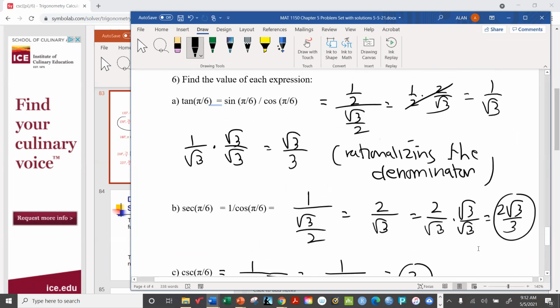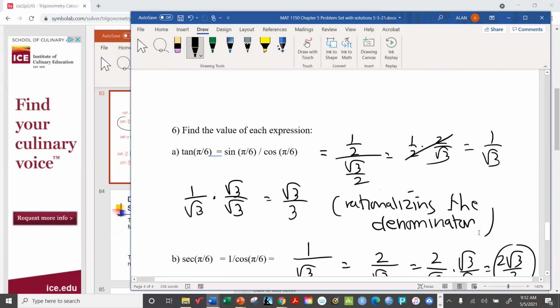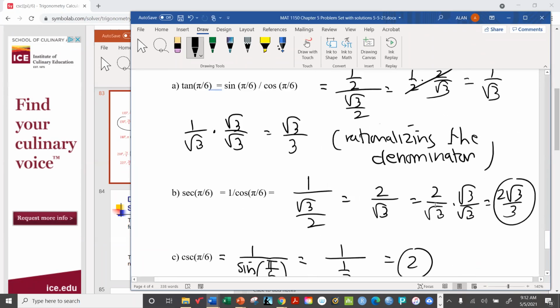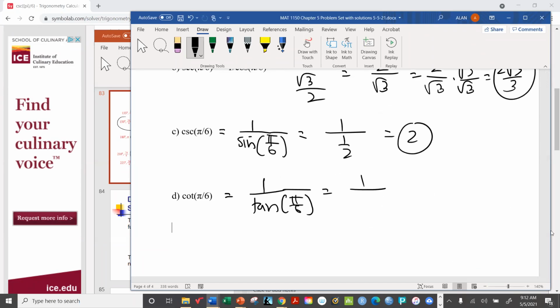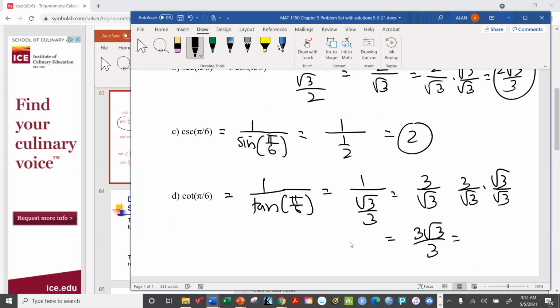So up here, we determined that the cotangent was radical 3 over 3. And then, of course, we can take that and rationalize it. And it's just plain radical 3. Okay, very good.